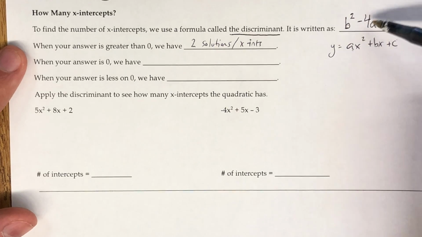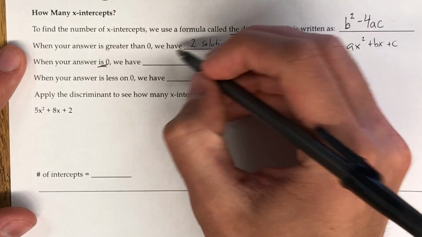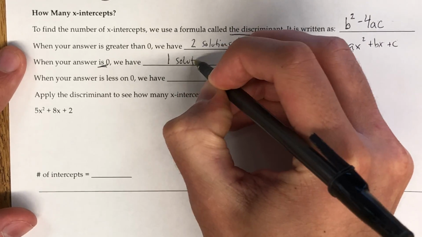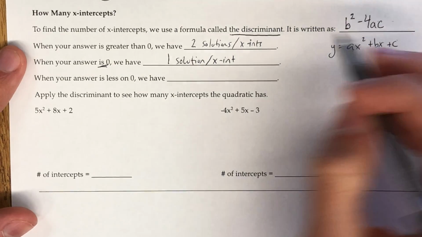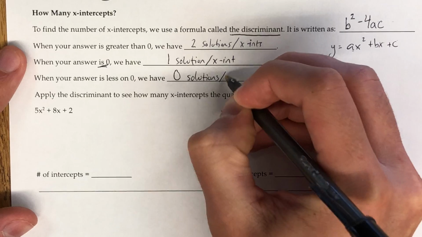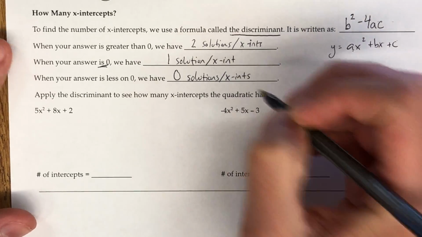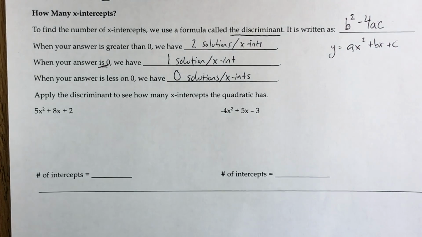If you plug things in and your answer is equal to 0, that means we have 1 solution or x-intercept. And if we plug it in and we get something less than 0, it means we have 0 solutions or x-intercepts. When you're using the discriminant, it does not tell you what your solutions are. It only tells you how many you have.